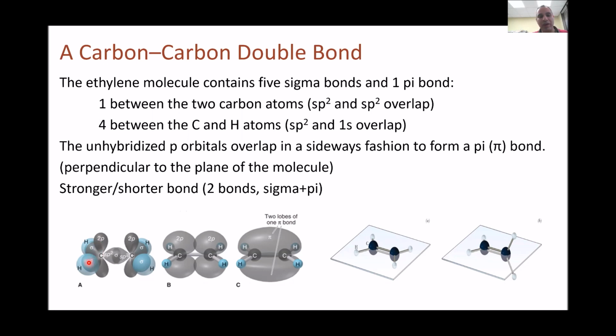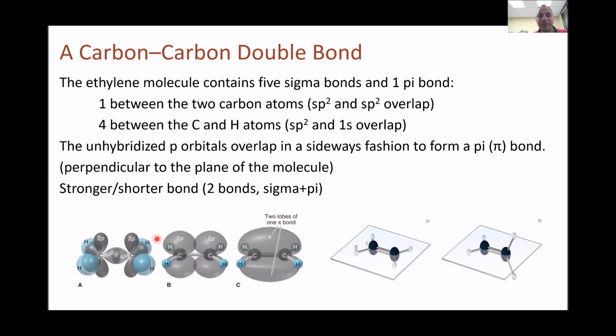Hybrid orbitals will get involved in sigma bonding with the hydrogen atoms and one sigma bond with the second carbon atom. And that explains the 120 degrees angle between them and the side-by-side overlap between the unhybridized p orbitals, making a pi bond.